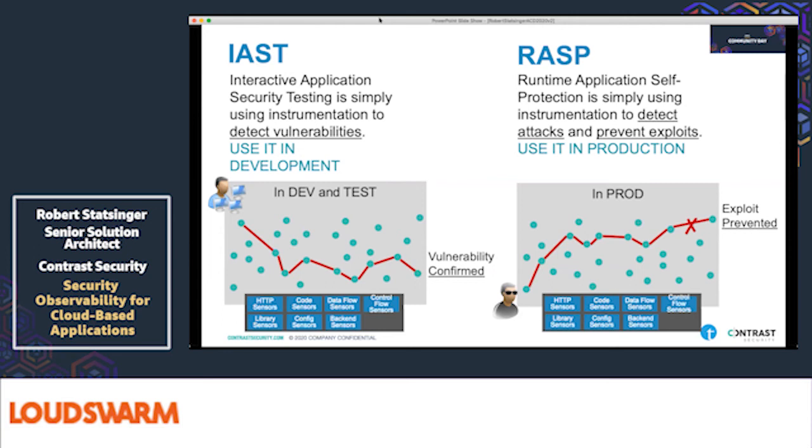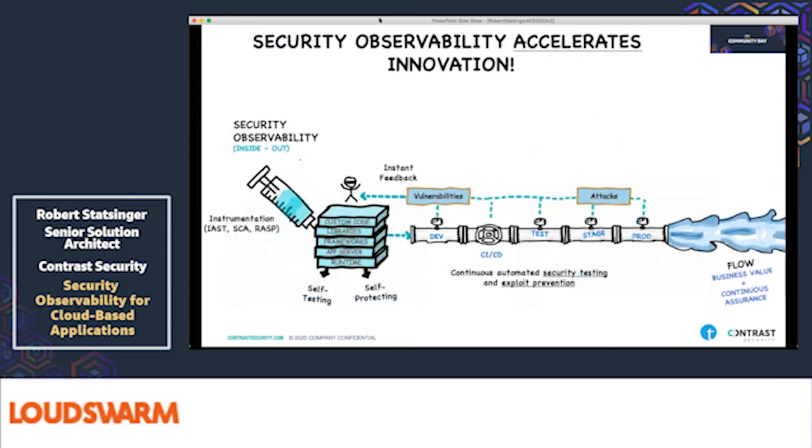Okay, in development and test, IAST is using this instrumentation to detect vulnerabilities, tightening up the feedback loops, minimizing the time it takes for you to remediate vulnerabilities, and in production, minimizing your vulnerability to attacks through that same exception methodology. So, modern security is different.